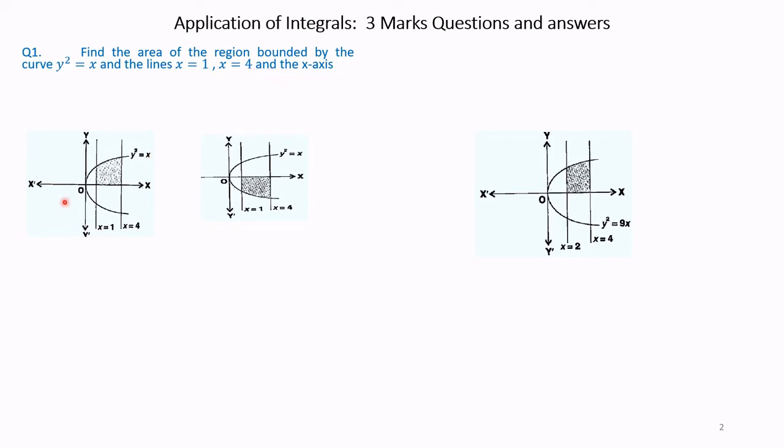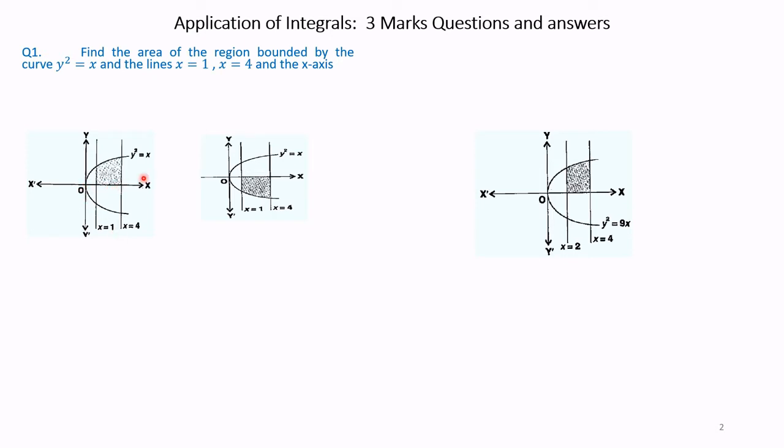So please see the figure here. X and y coordinates are shown. O is the origin, X'X is the x-axis and Y'Y is the y-axis. Here y squared equals x is the parabola on the right-hand side, x equals 1 is the vertical line here and x equals 4 is the other line.